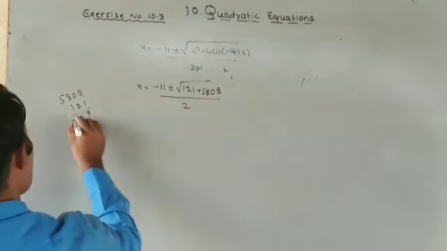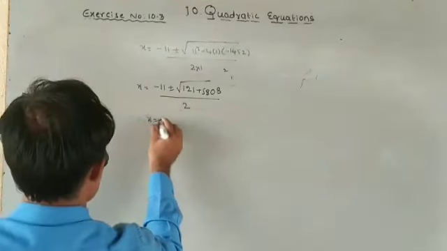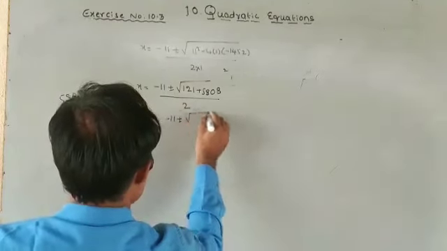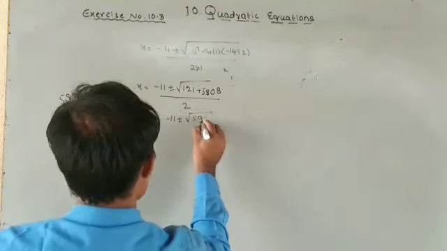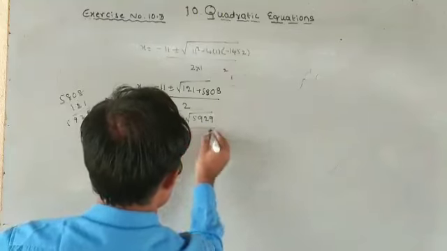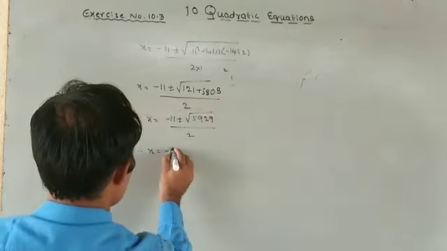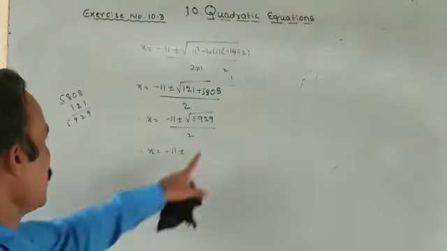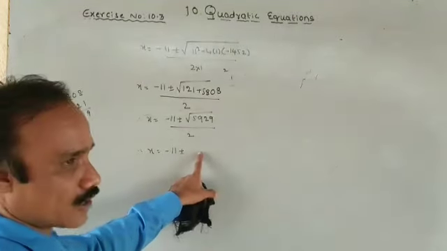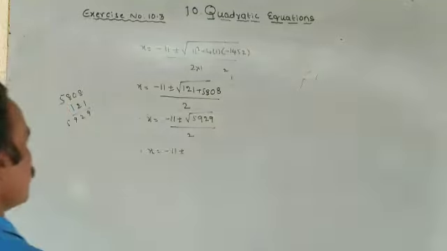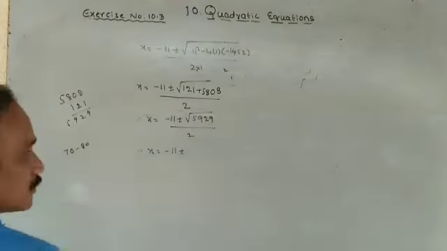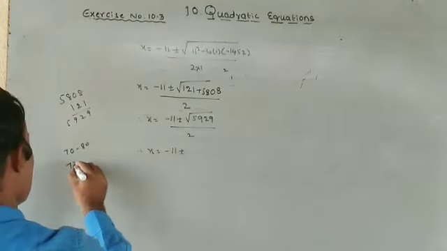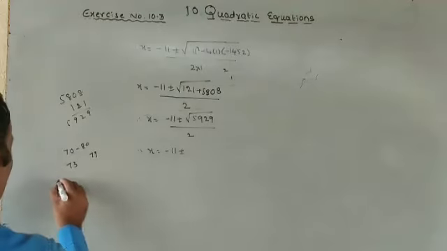What is the value of a? 4. What is the value of b here? Minus 35. What is the value of c? Minus 375. Correct? What is the formula? x is equal to minus b plus or minus root of b square minus 4ac whole divided by 2a.